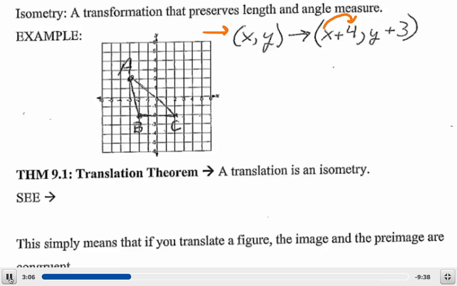In an isometry, I've got congruent triangles. The angles are the same, the side lengths are the same, and that's all theorem 9.1 says, that a translation is an isometry. And literally, like I wrote down here, this simply means that if you translate a figure, the image and the pre-image are congruent.